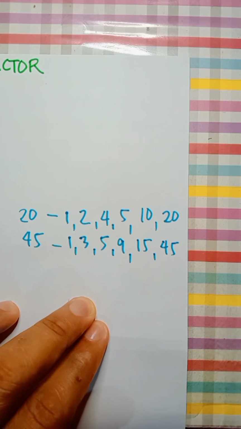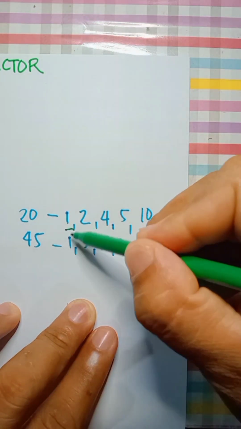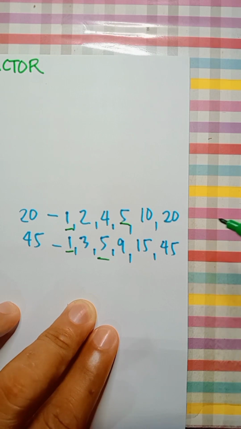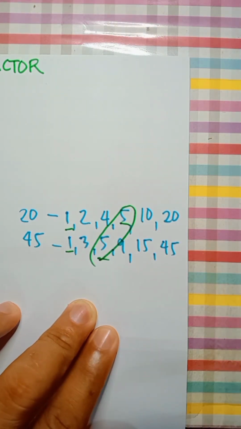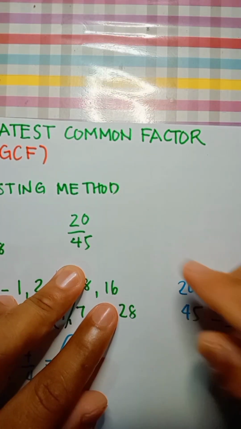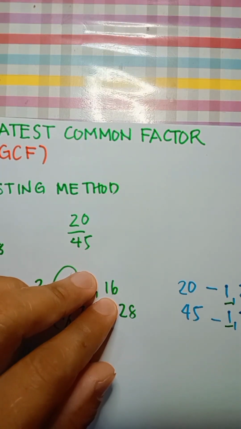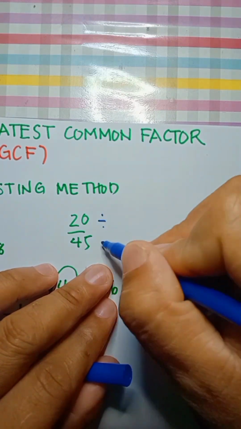So the common factors of 20 and 45 are 1 and 5. And the greatest common factor of 20 and 45 is simply this number, 5. So it means that in order to simplify this fraction 20 over 45, let's divide this fraction by 5 over 5.